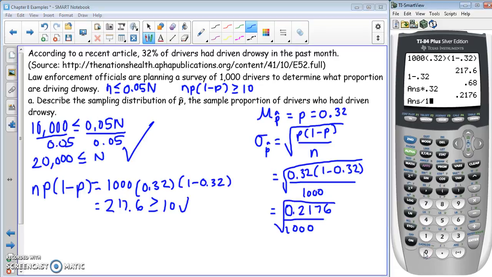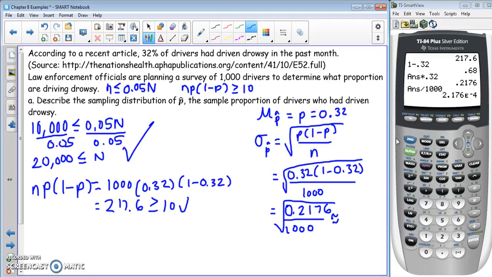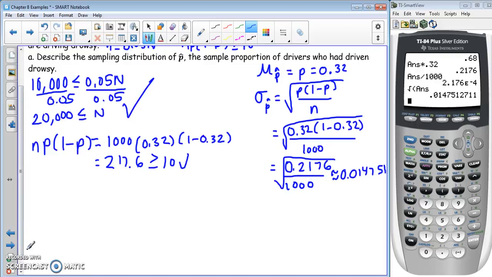Divide that by 1,000. We don't really get a nice number there, so I'm just going to leave that in this form. They usually like to approximate this to 6 decimal places, so let's take the square root of that: 0.014751.